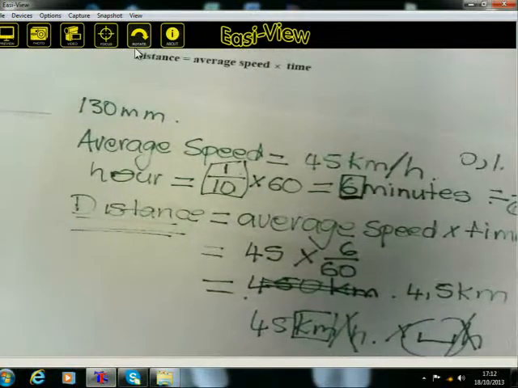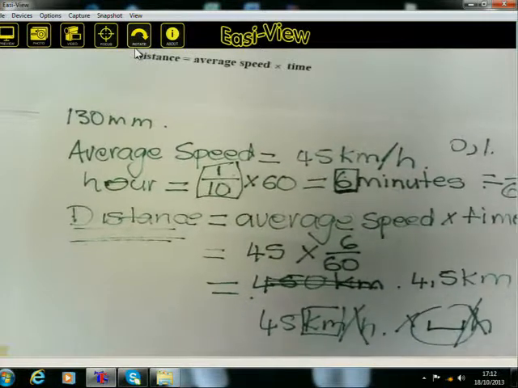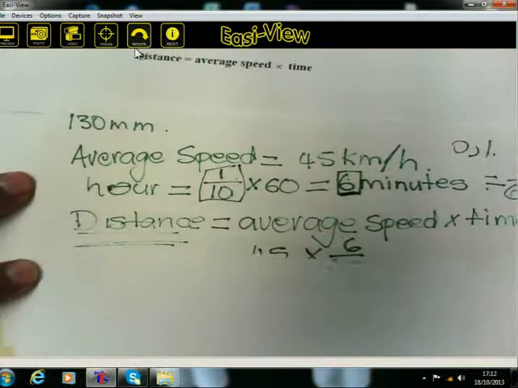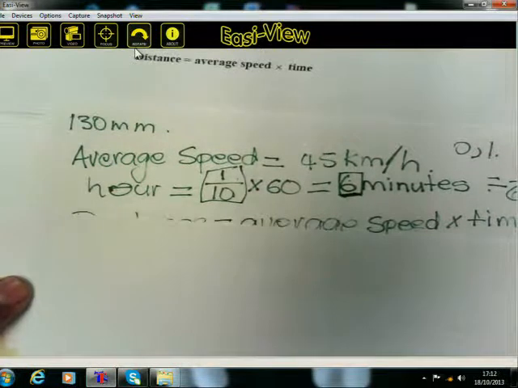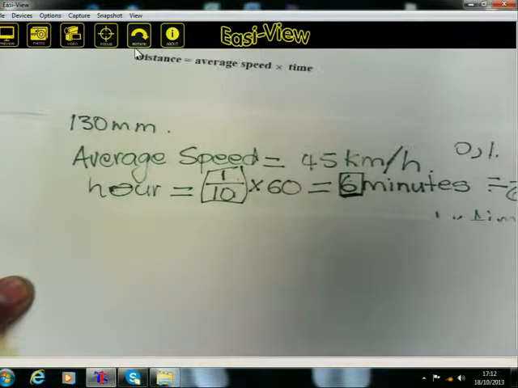I want us to take another example, the same one like this one.